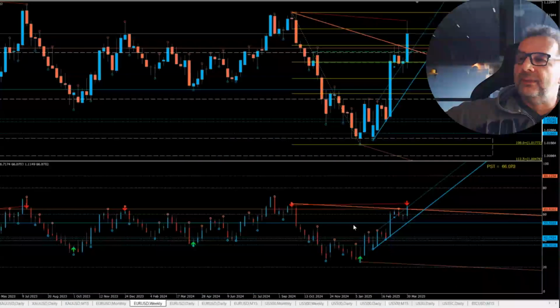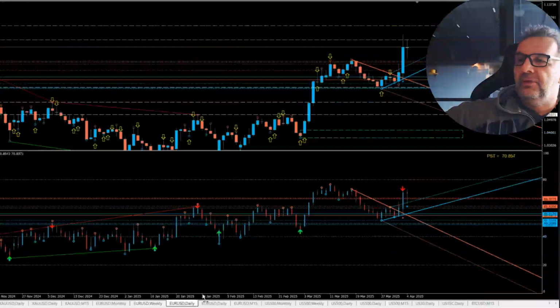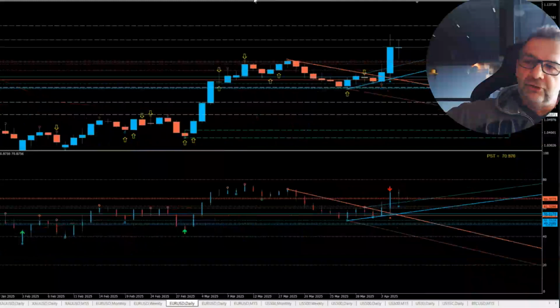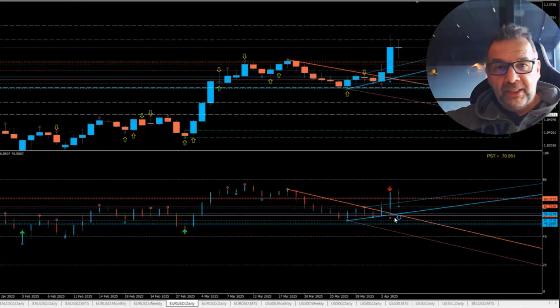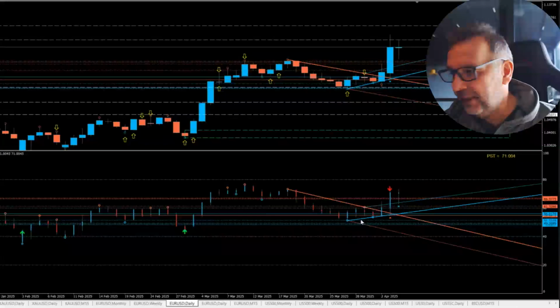Look at the PST level. Sorry, on the daily, which is right on the line. Now, because this is the daily, the PST price will change on the day. But on this day, that red line and the blue line is your buy me, please price.